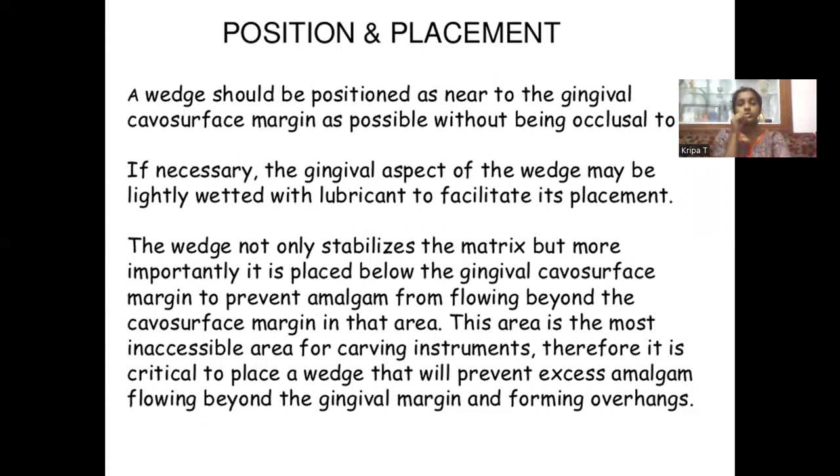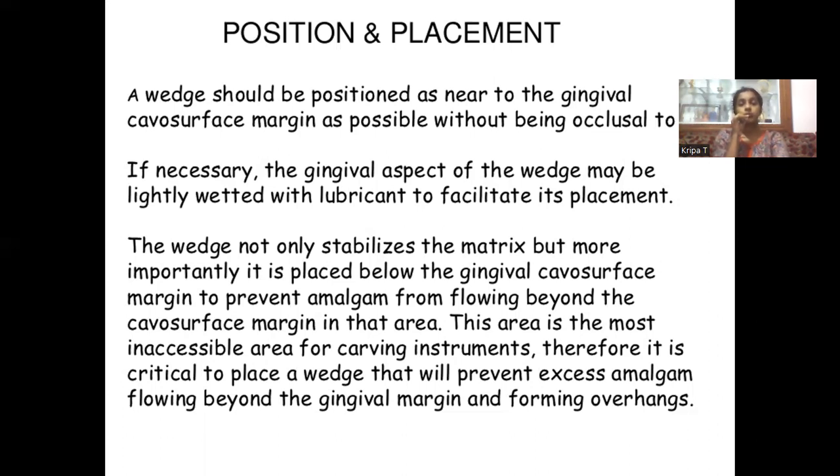Now the wedge should be positioned as near to the gingival cavo surface margin as possible without being occlusive. If necessary, you can lubricate your wedge for ease of placement to reduce friction.